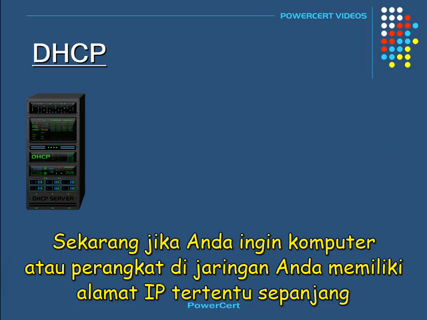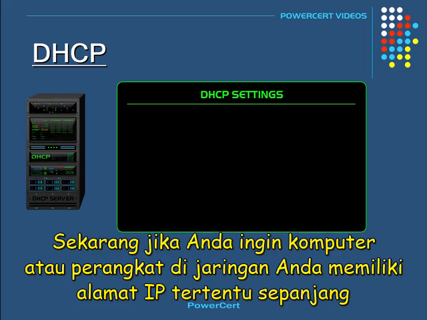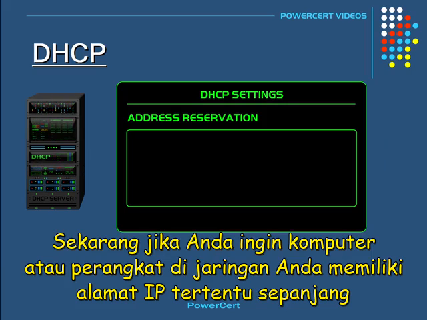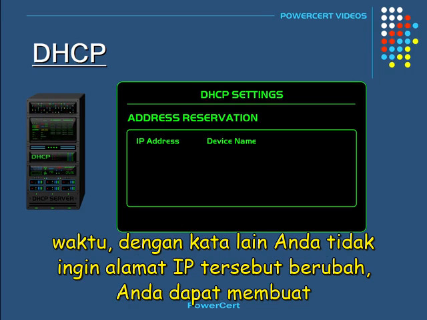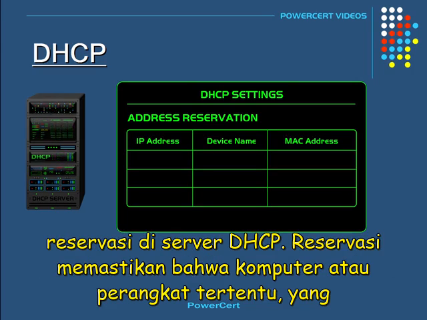Now, if you wanted a computer or device on your network to have a specific IP address all the time, in other words, you never want that IP address to change, well, you can create a reservation on the DHCP server.